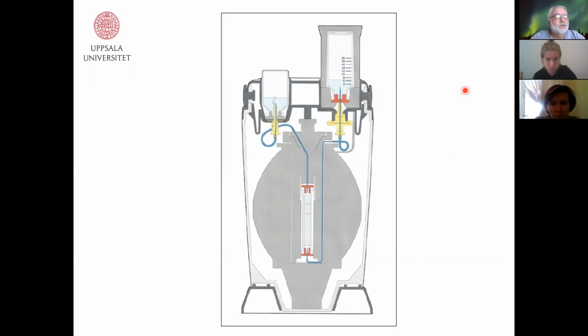So our German colleagues from East Germany suggested a very nice system with vacuum vials.